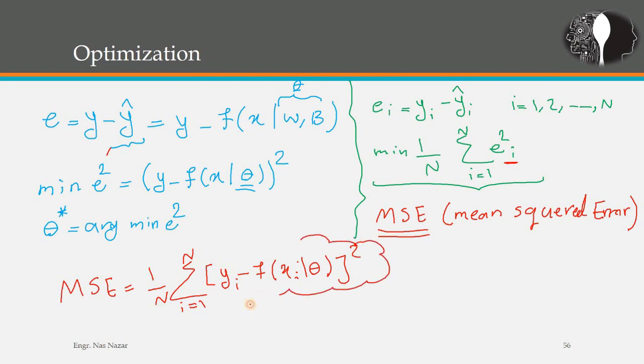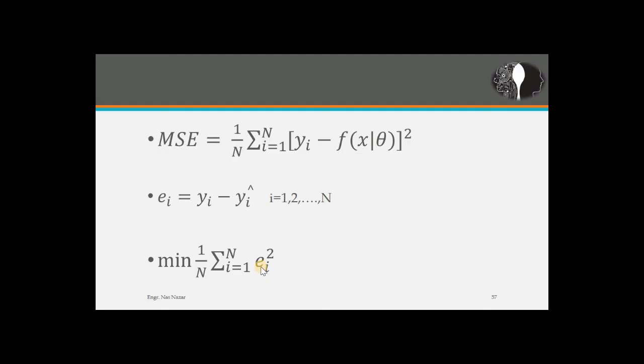So this is a general formula for calculating mean square error, and as I mentioned, it's not only for artificial neural networks. We can use this formula for different systems such as fuzzy systems. Whenever we're looking for optimization, we can use this mean square error formula. Our goal in optimization is just to minimize the error. Using this mean square formula that we just calculated, we can simply achieve our goal.